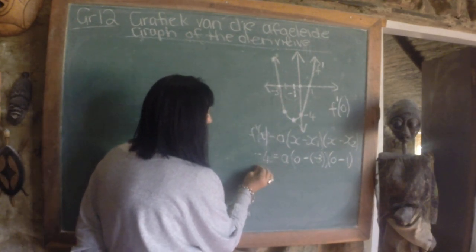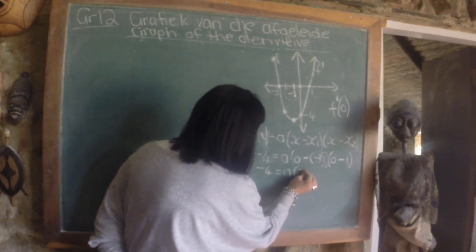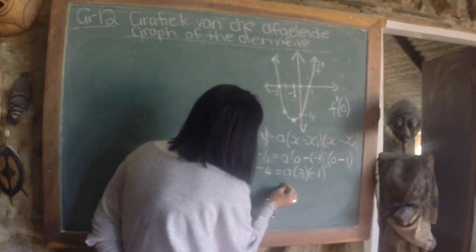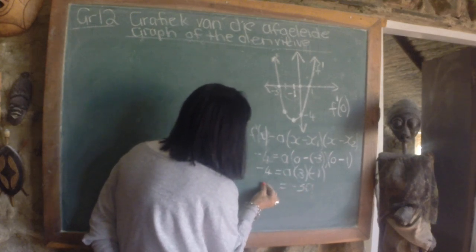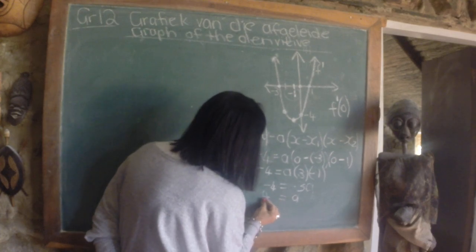Okay, now I'm going to determine a to get the equation. So dit gaan a wees, maal 3 maal met minus 1. So dit gee vir my minus 3a is gelyk aan minus 4. So a is gelyk aan 4 op 3.